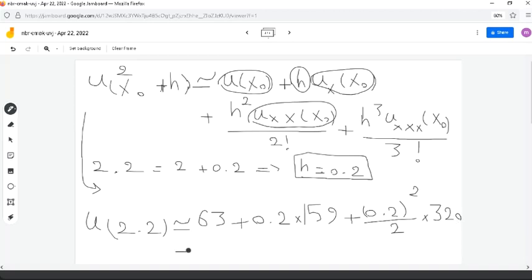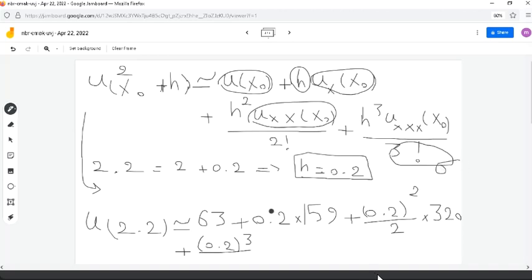And the last term is h^3 means 0.2 power 3 over 3 factorial is 6.